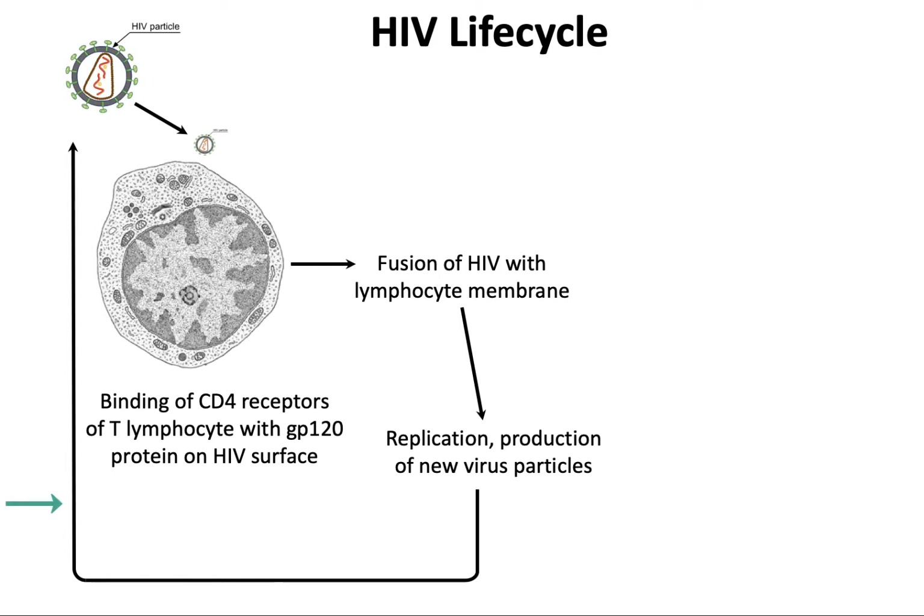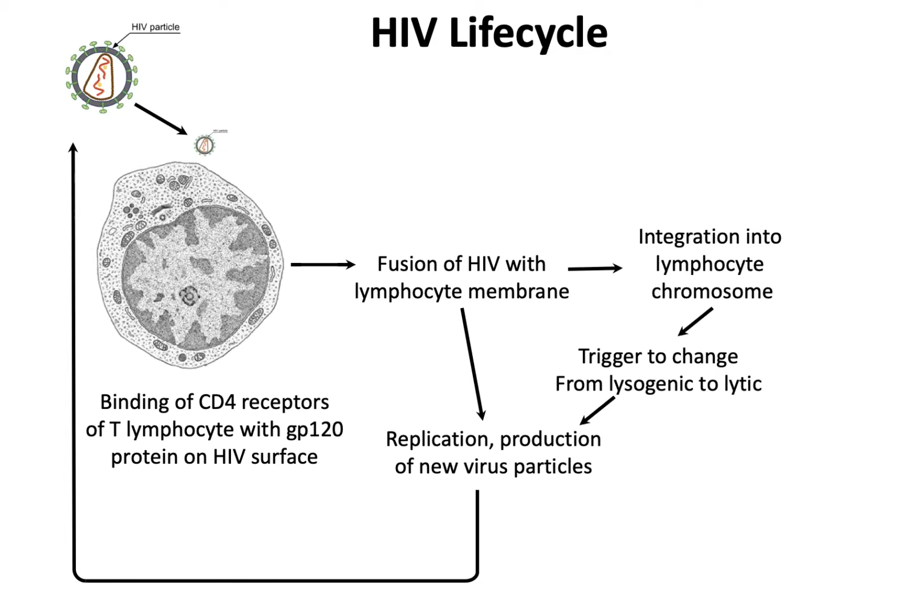So it can go through repeated cycles, infecting more and more cells. Many times people infected with HIV will experience flu-like symptoms, although some people are symptomless and are surprised when they find out they come out HIV positive.